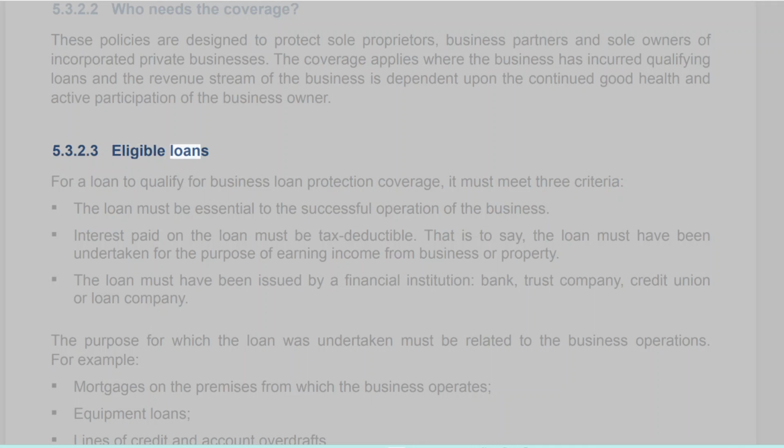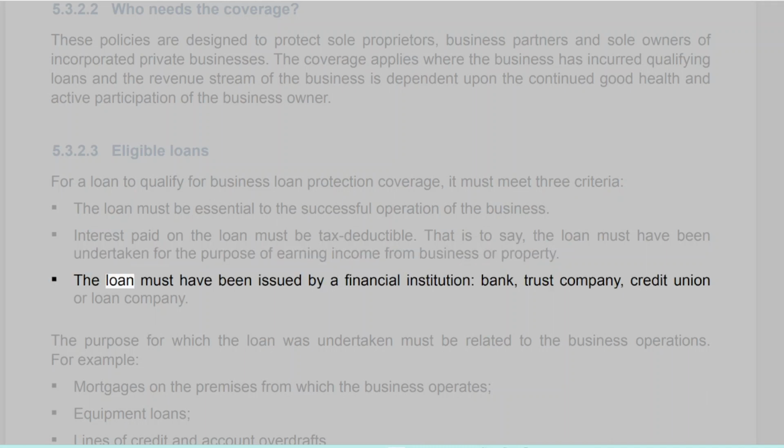5.3.2.3 Eligible loans. For a loan to qualify for business loan protection coverage, it must meet 3 criteria. The loan must be essential to the successful operation of the business. Interest paid on the loan must be tax deductible. That is to say, the loan must have been undertaken for the purpose of earning income from business or property.